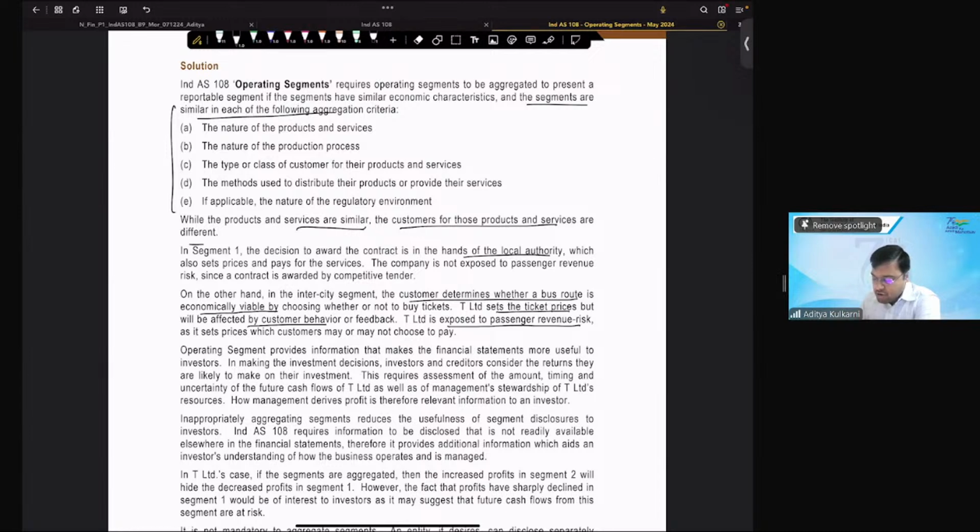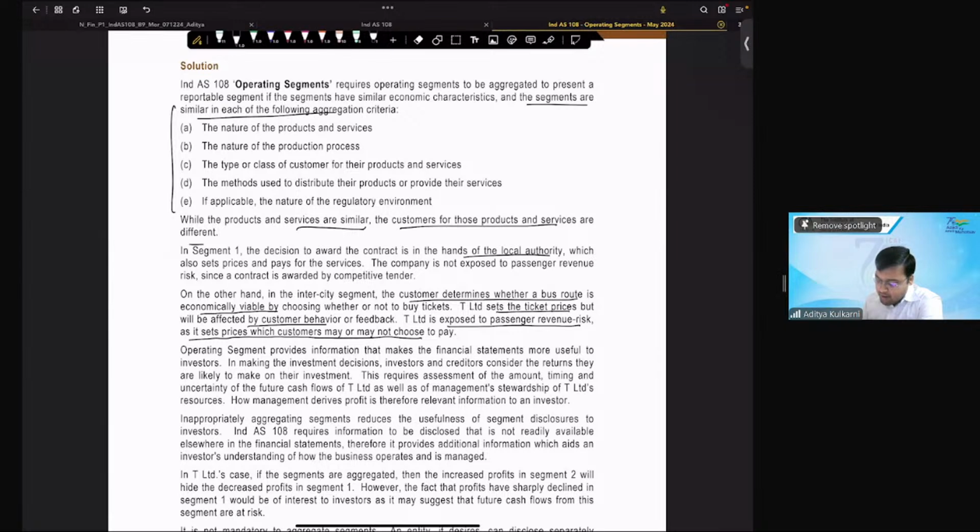T is exposed to passenger revenue risk because if it chooses to ply a deluxe bus, passengers may not be there for the deluxe bus, in which case you are running a loss-making enterprise. Exposed to passenger revenue risk as it sets prices which customers may or may not choose to pay.